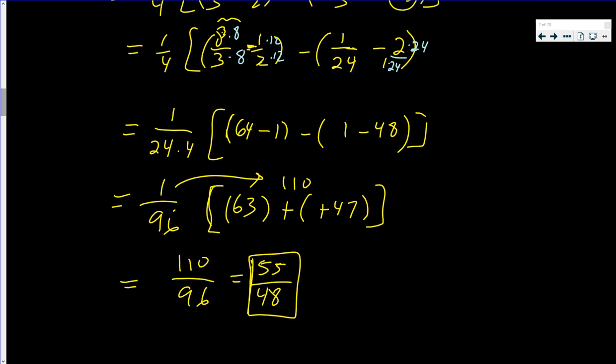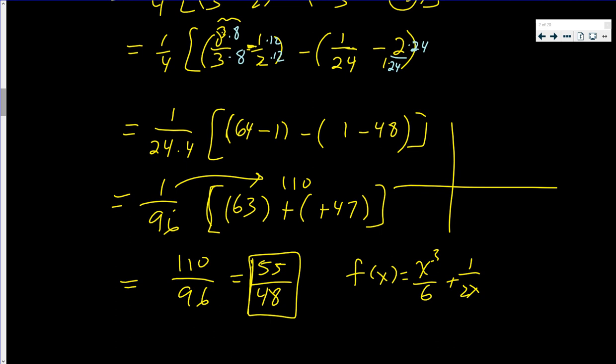What curve, you may ask? I really don't know what f of x equals x cubed over 6 plus 1 over 2x looks like. But for argument's sake, definitely from 1/2 to 2, let's say that it looks like that.